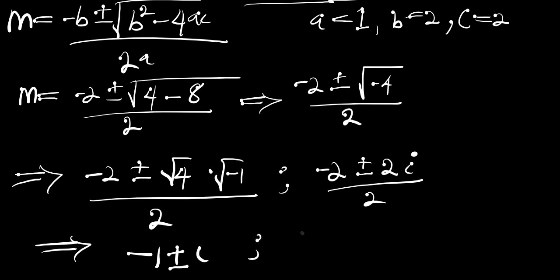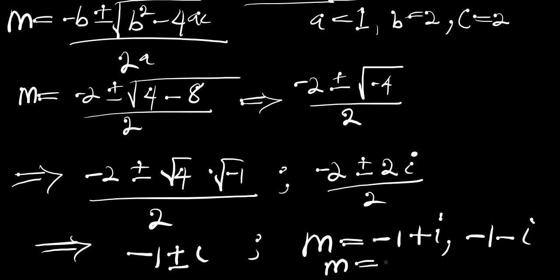So the other solutions, which are complex, are m equals negative 1 plus i and negative 1 minus i. Then don't forget that we also had m equals 2. So these are all the solutions that we have: m equals negative 1 plus i, m equals negative 1 minus i, and m equals 2.